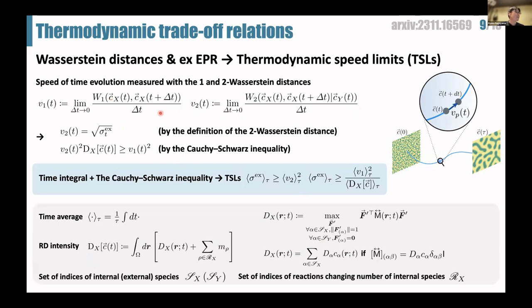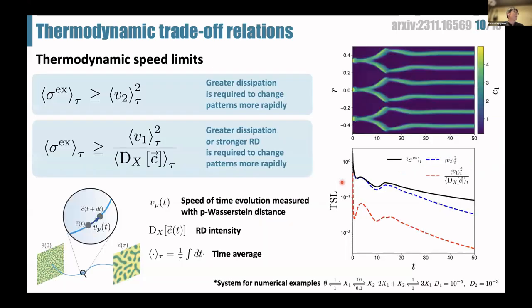And we also can obtain the relation between these 2 speeds like this. Then, taking time integration of these relations and using the Cauchy-Schwarz inequality appropriately, we can obtain 2 thermodynamic speed limits. So let's see the detail of thermodynamic speed limits, these ones.